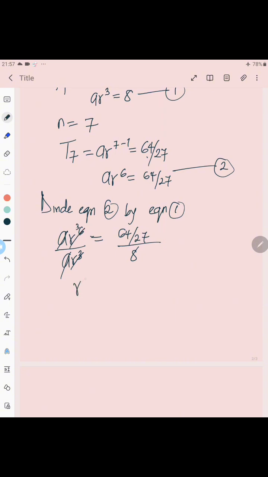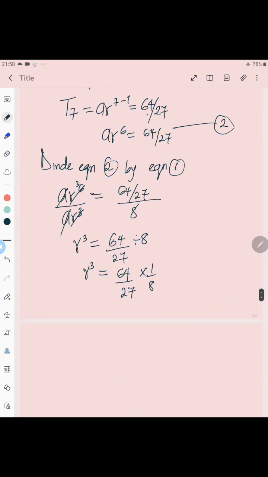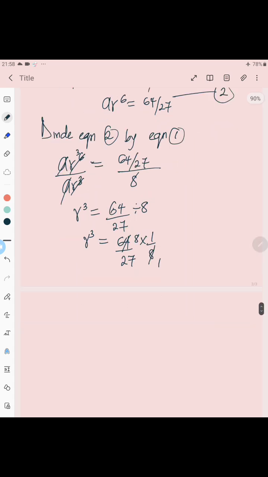So we have R to the power of 3 is equal to 64 over 27 divided by 8. And mathematically, this is the same as saying 64 over 27 times 1 over 8. So simplifying this, we can break this down to the lowest term. So 8 here is 1, and 8 here also is 8. We have R raised to the power of 3 is equals to 8 over 27.